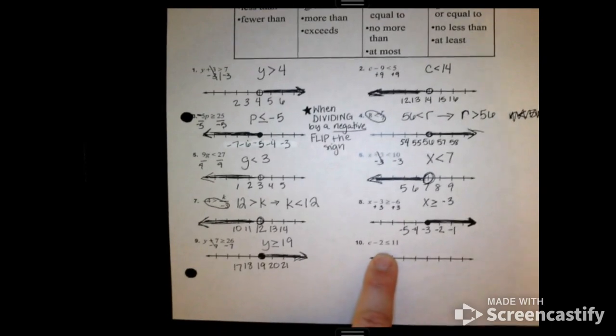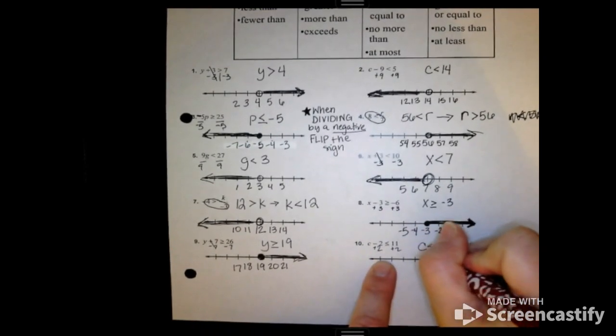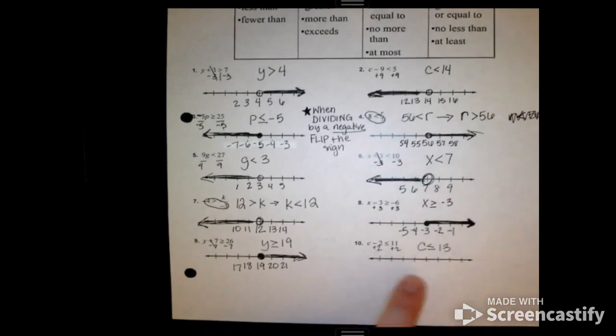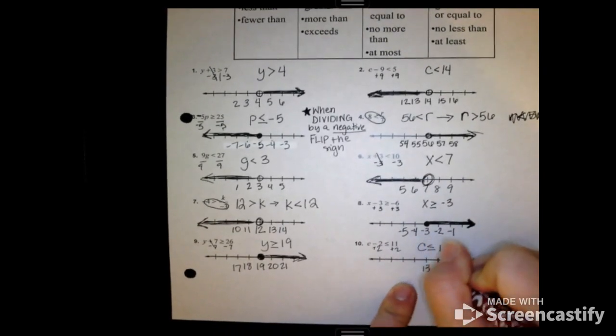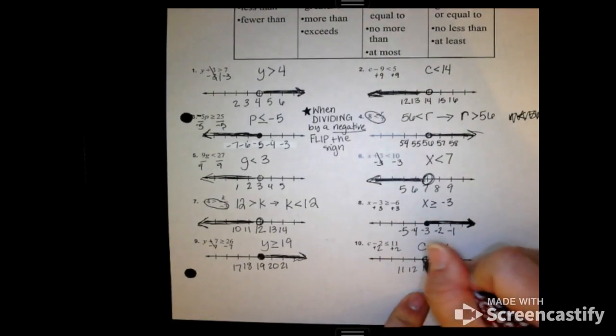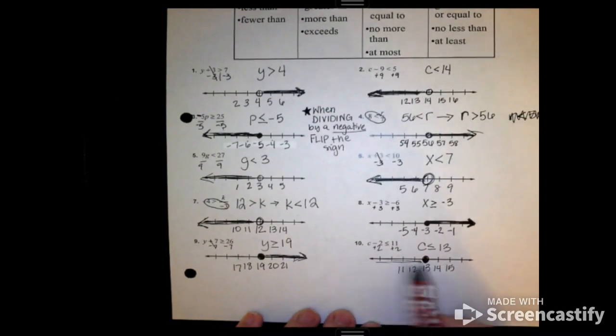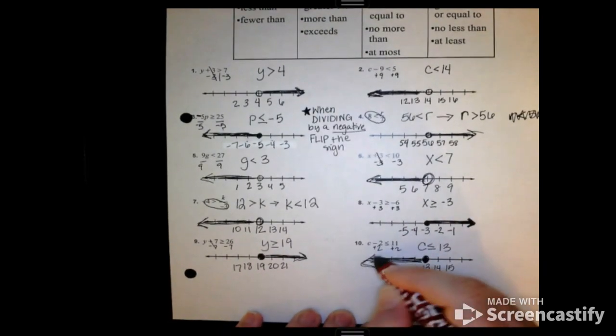Okay, what do I do here? +2, +2. So C is less than or equal to 13. So I have 13, 14, 15, okay, 12, 11. What kind of circle? Closed. Which direction? Left. Feeling okay?